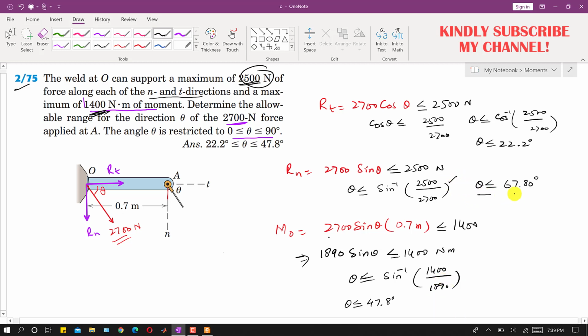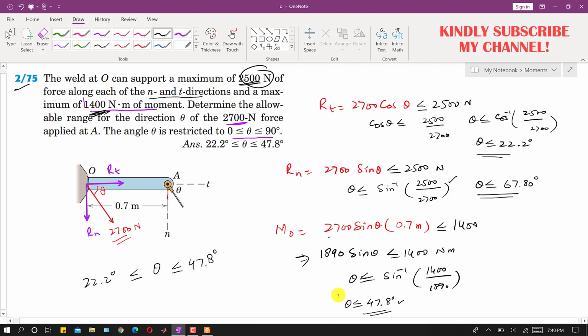When we solve this, theta comes out to be 67.80 degrees, and when we solve this equation, theta comes out to be 47.8 degrees, right? So now from these three theta values, we can say that theta can be greater than or equal to 22.2 degrees, but it should be less than or equal to 47.8 degrees, right?